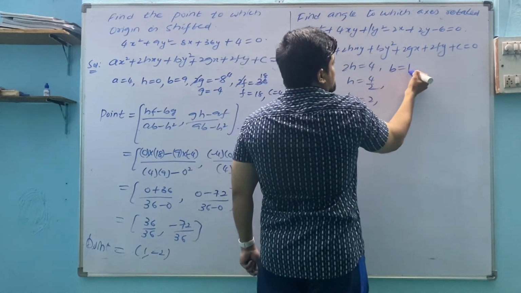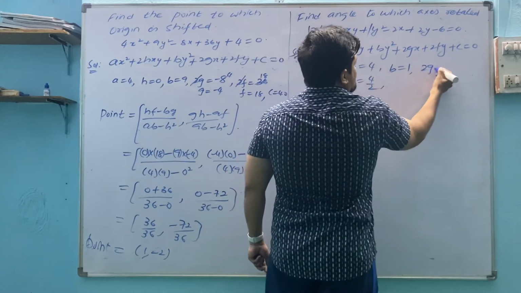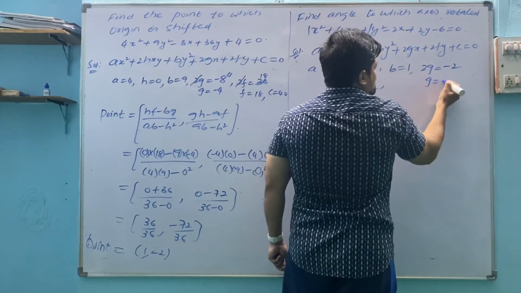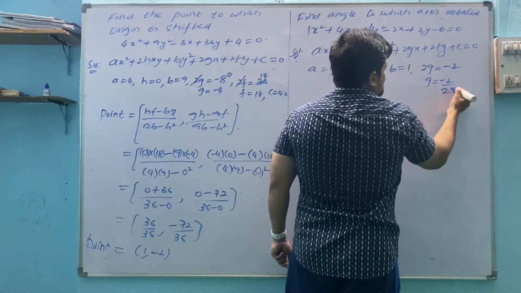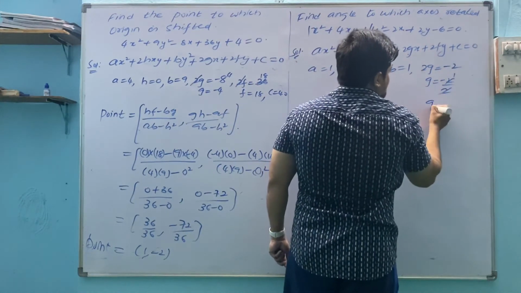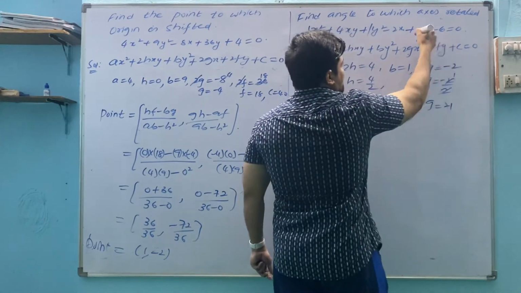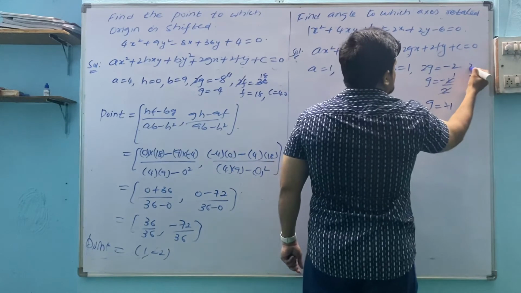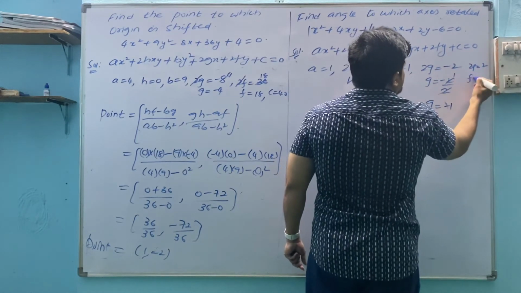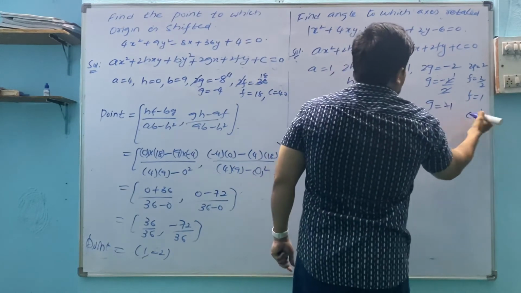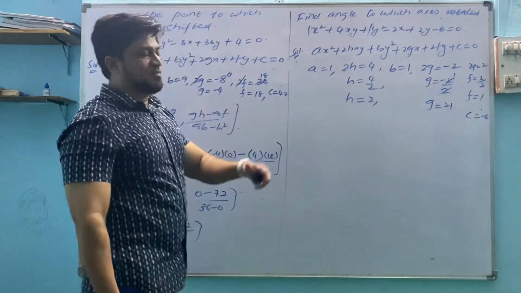So b is equal to 1. 2g is equal to minus 2, g is equal to minus 2 by 2, so g is minus 1. Then we have y cancelled. 2f is equal to 2, f is equal to 1. Similarly, c is minus 6. So all the values we got by comparing.